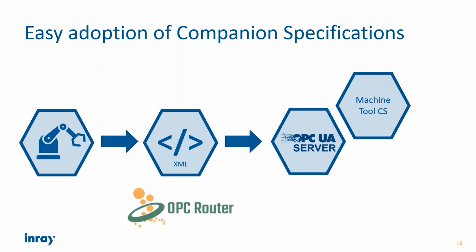So the goal was to make the data available that the machine currently provides as an XML document in a compliant manner to the companion specification. And this was done through OPC router.